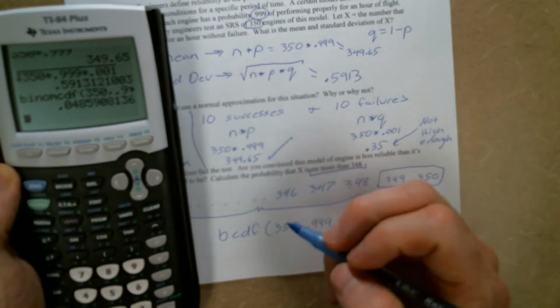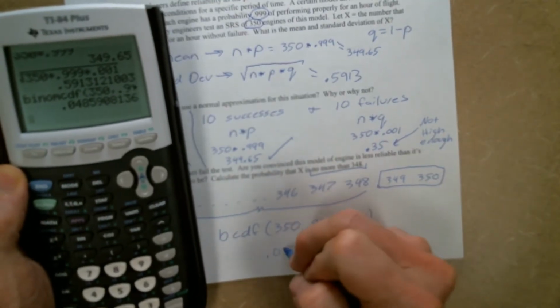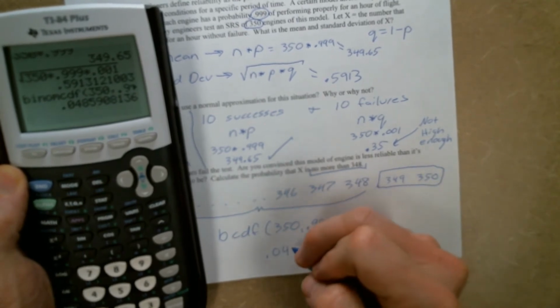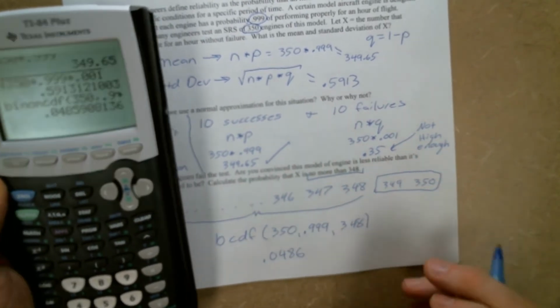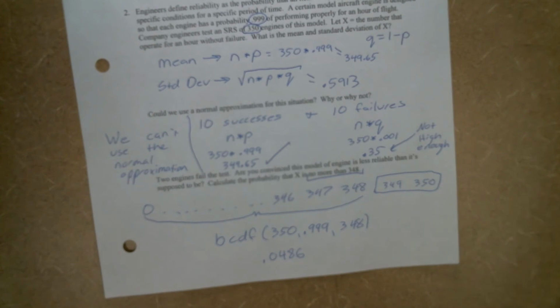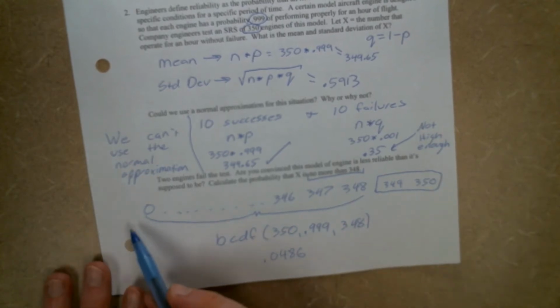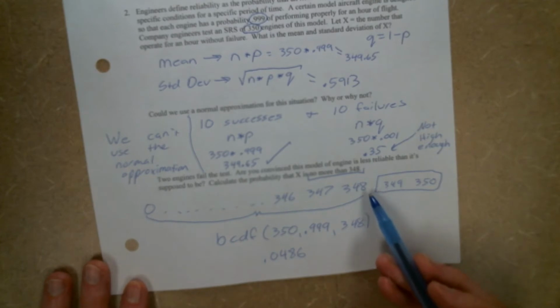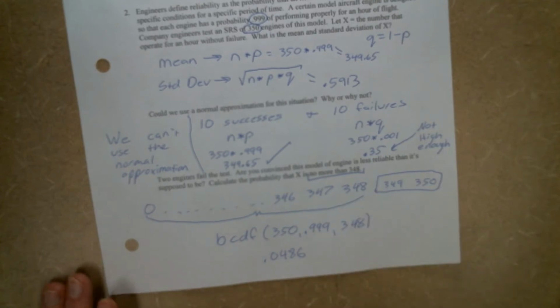So it works out to be 0.0486. So there's only a 4.86% chance that you'd end up with 2 or more engines failing, or put the other way, there's only a 4.8% chance that you'd only end up with 348 or less being successful.